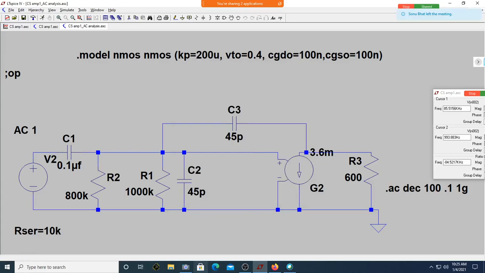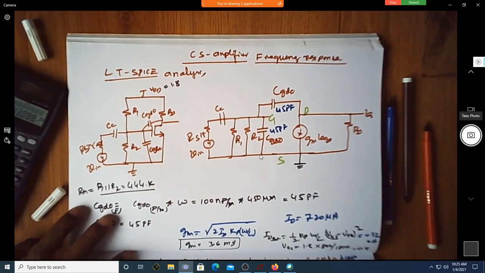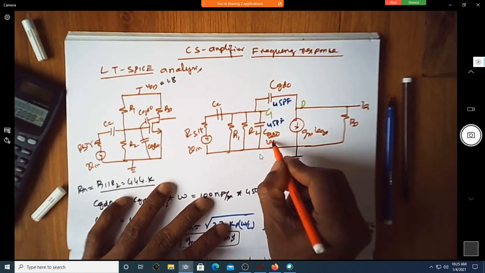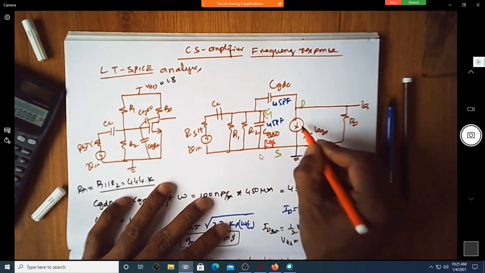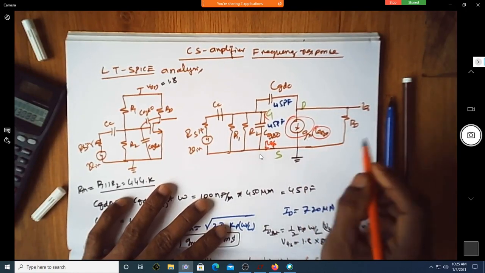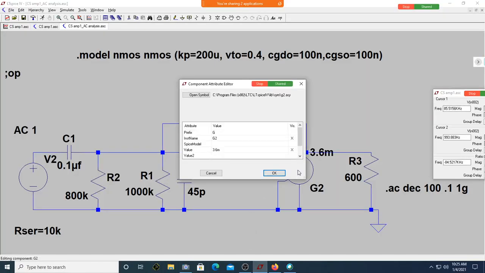So this is a source which depends on the voltage across this. This is actually VGS, no? So this current source magnitude depends on the VGS value, GM into VGS. So we need to specify the GM value that can be specified here. See here, there is a value which I just edited as 3.6.